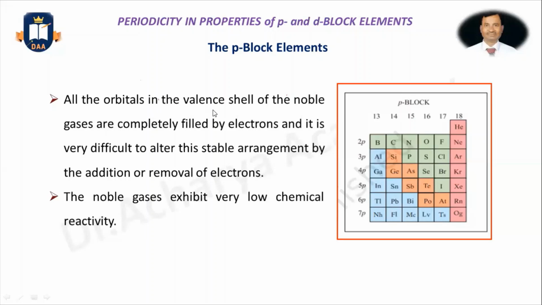All the orbitals in the valence shell of the noble gases are completely filled by electrons, and it is very difficult to alter this stable arrangement by the addition or removal of electrons. That means in group number 18, whatever element is there is a noble gas, and these elements have completely filled orbitals, and that's why it is very difficult to add or remove any electrons in the orbitals of the elements in group number 18.